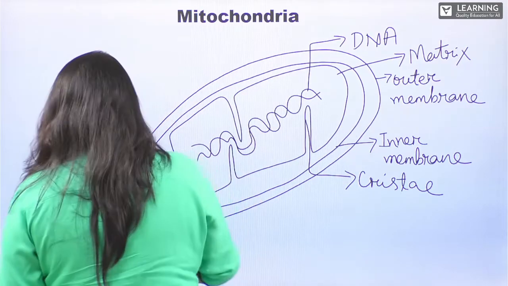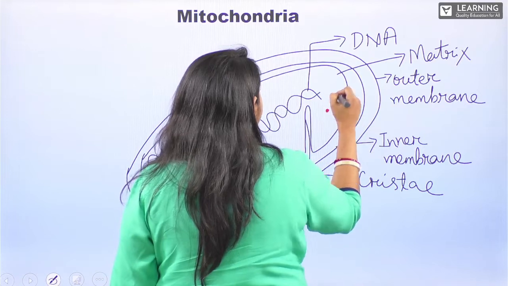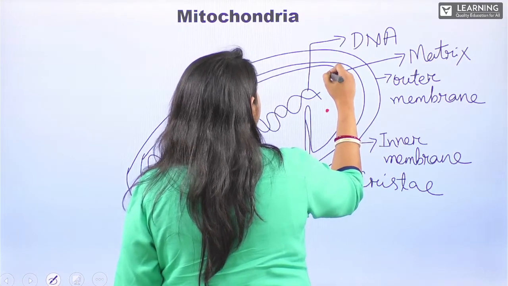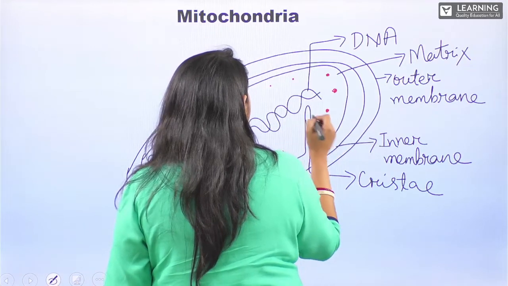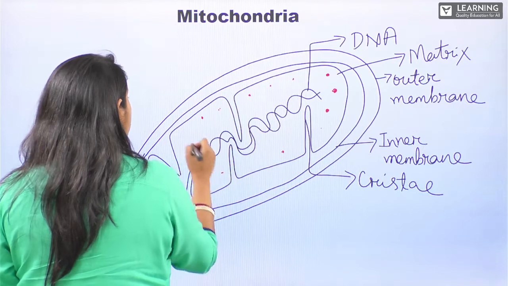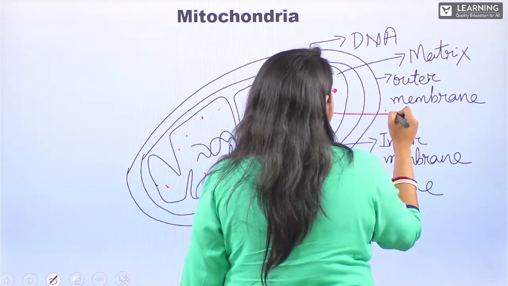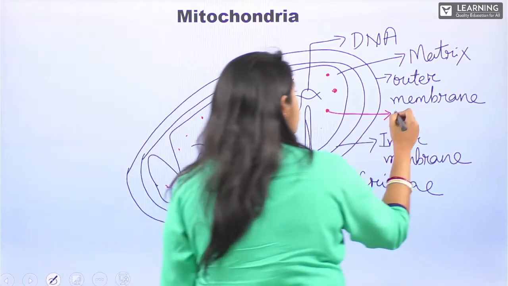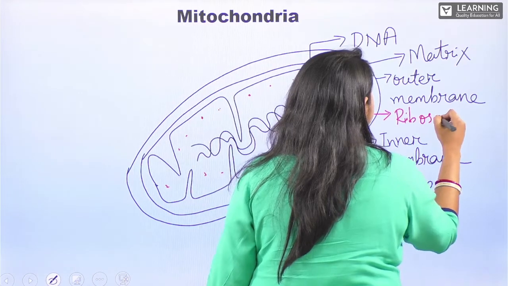Now, besides this, mitochondria also have ribosomes which are responsible for protein synthesis. These red dots are the ribosomes. So these ribosomes are responsible for the process of protein synthesis.